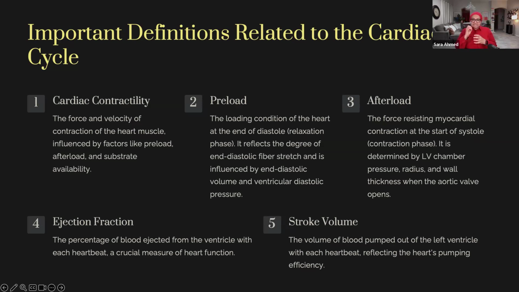That's why people with hardened arteries due to arteriosclerosis, which is hardening of the arteries, have more afterload. That's why they have very high systolic pressure with little impact on the diastolic pressure. Why? Because of this high afterload. And that's basically the meaning of afterload.